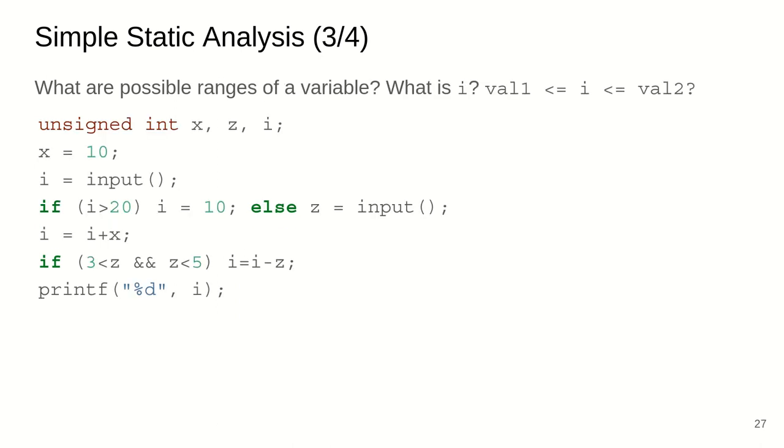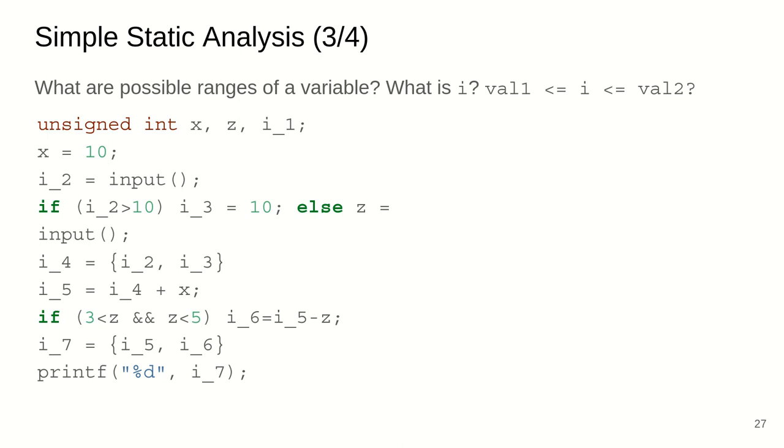Another example, what are the possible ranges of a variable? What is I, for value 1, like between value 1 and value 2. Right? And here we can actually look at the execution. It's an input that is being loaded. And here we want to demonstrate what the possible values for I are.